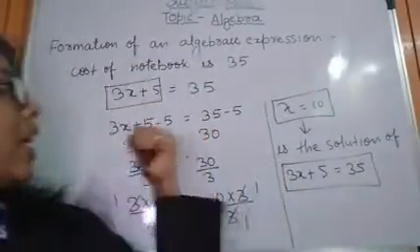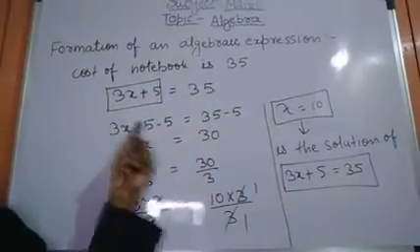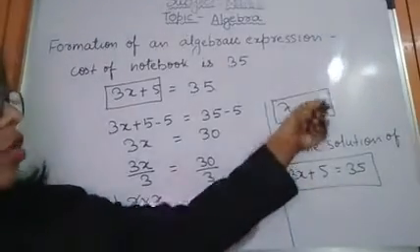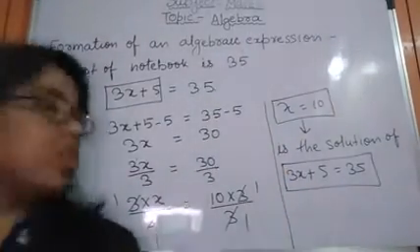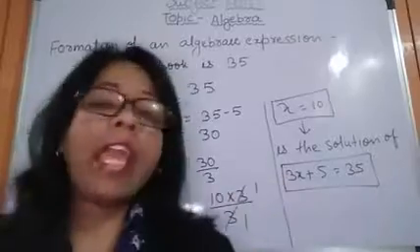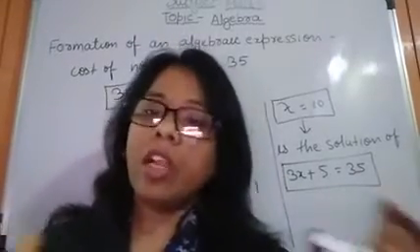So this is called an equation, and this x is equal to 10 is called the solution of the equation 3x plus 5 is equal to 35.